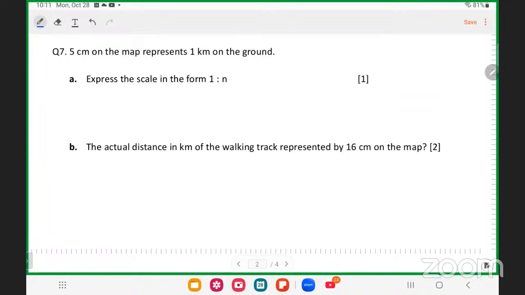Next question is 5 centimeters on the map represents 1 kilometer on the ground.